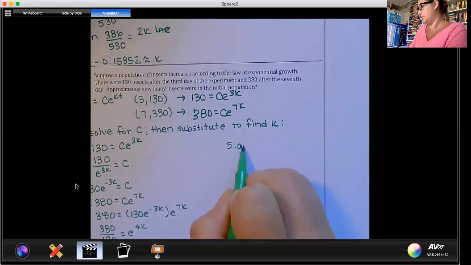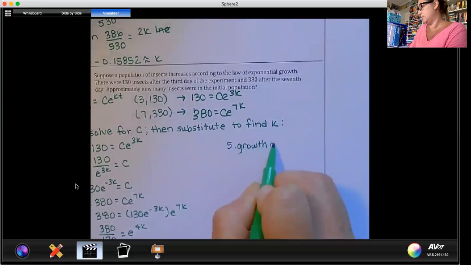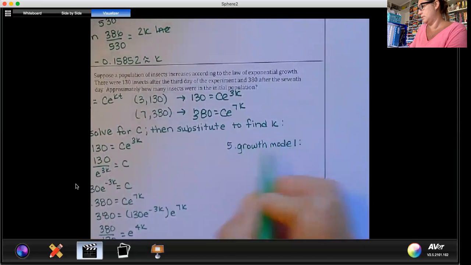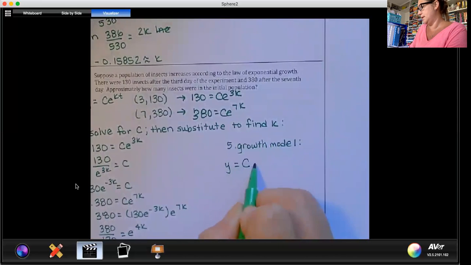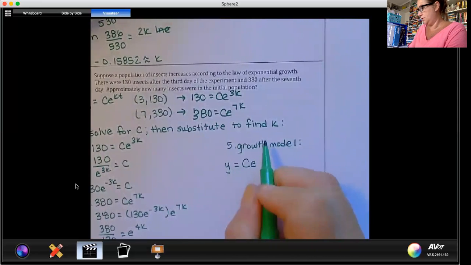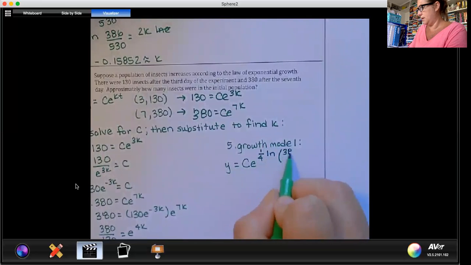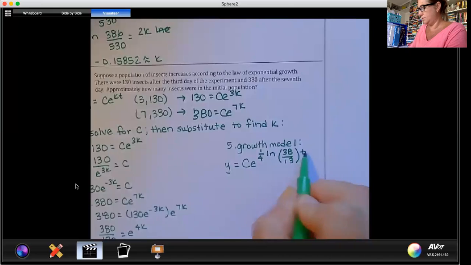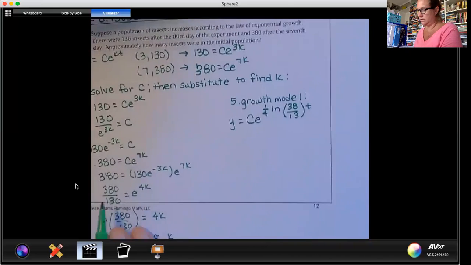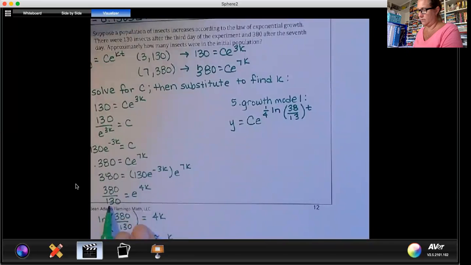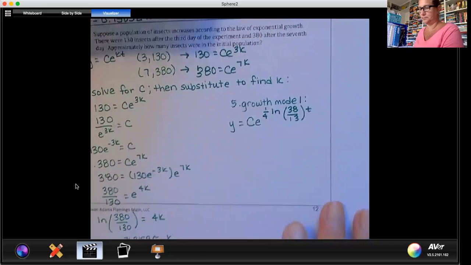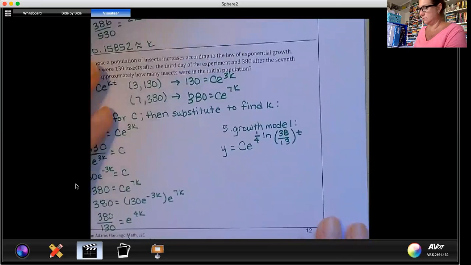Growth model: y equals Ce to the 1/4 ln 38 over 13 t. I'm just using the exact numbers here, 38 over 13, 1/4, divide by 4. So they're exact.